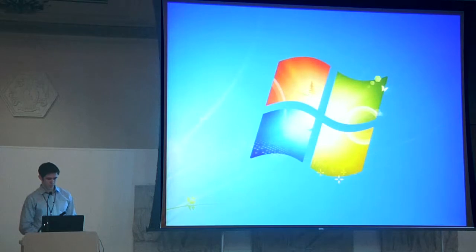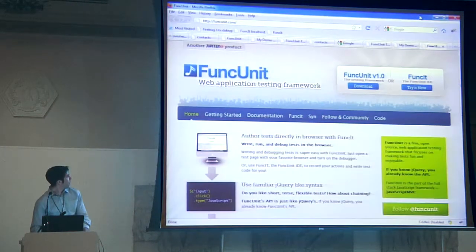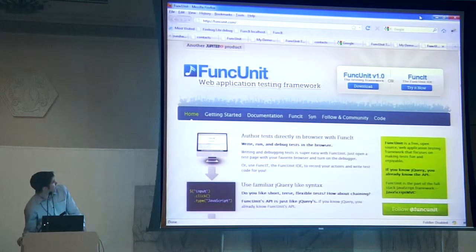So let's jump out and look at some code. We just pushed out a new version of the FuncUnit website. So if you go there, there's a download. Where's my mouse? So there's a download there, and you know what?